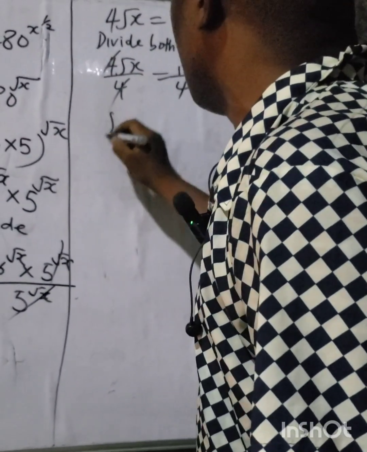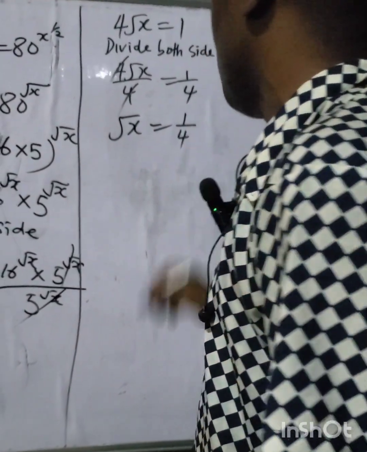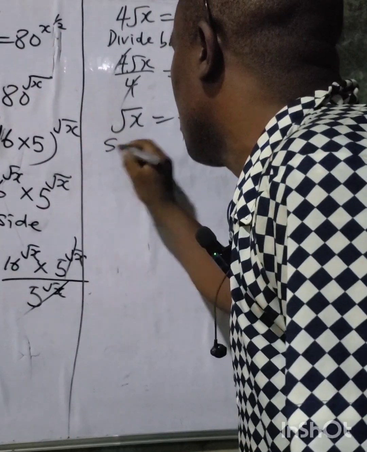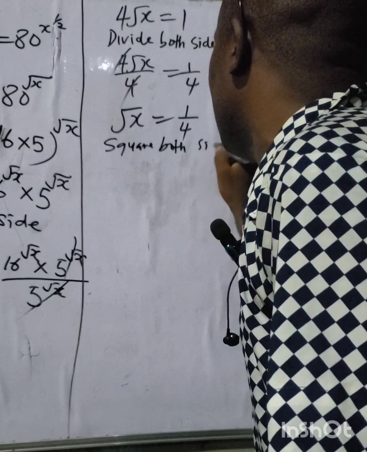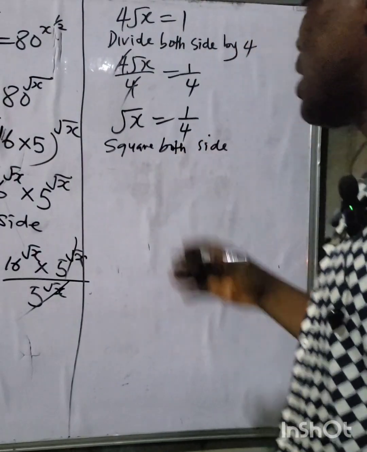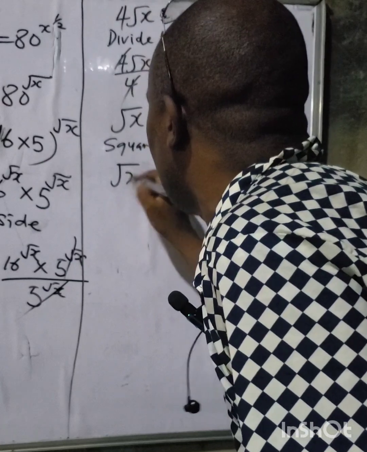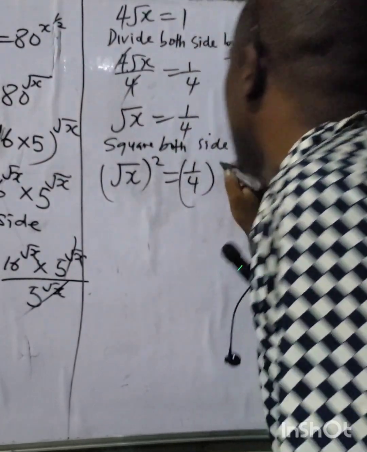You are left with √s equal to 1 all over 4. Now let us square both sides. If you square both sides, we will have (√s) squared equal to (1/4) squared.